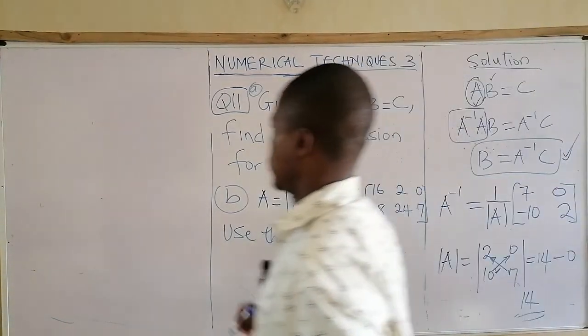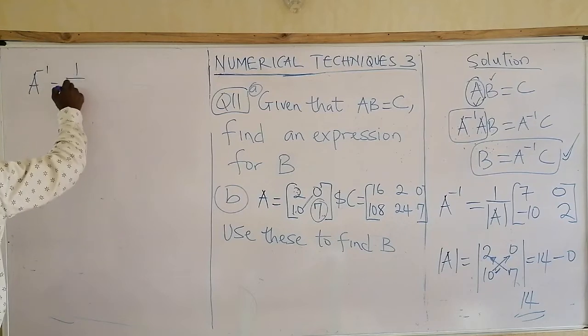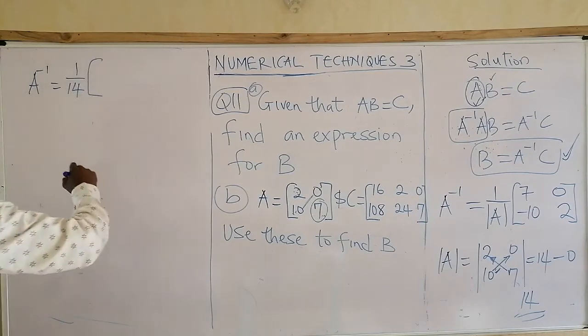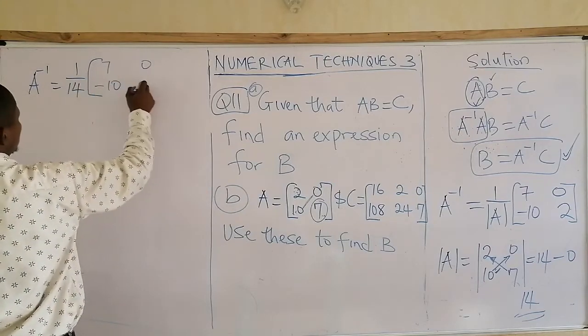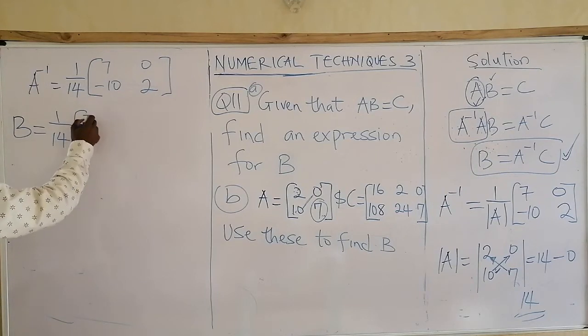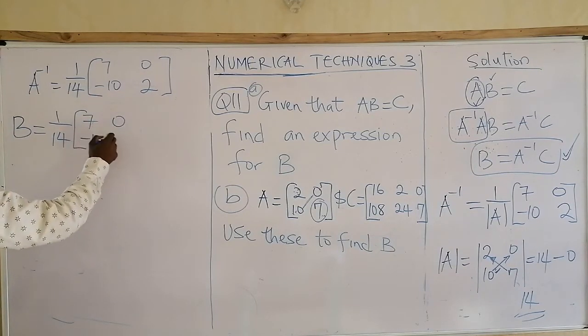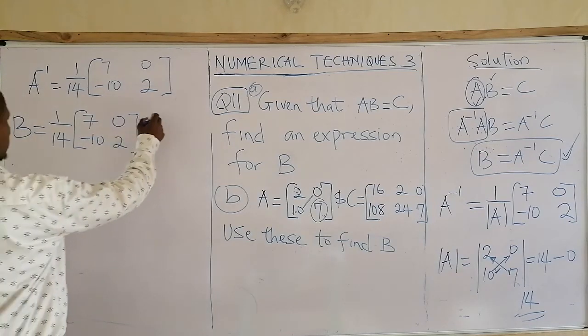So the A inverse is equal to 1 over 14 times the matrix 7, 0, minus 10, 2. Then the expression for B will become 1 over 14 times that matrix, times the matrix C.